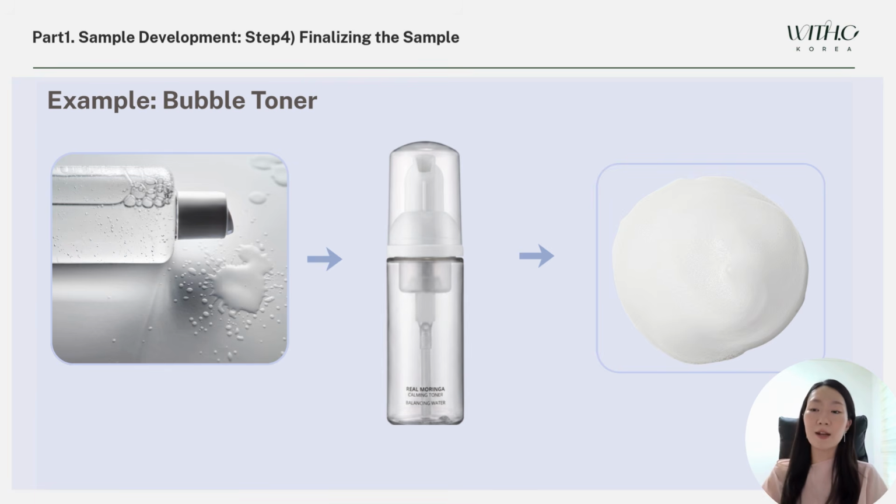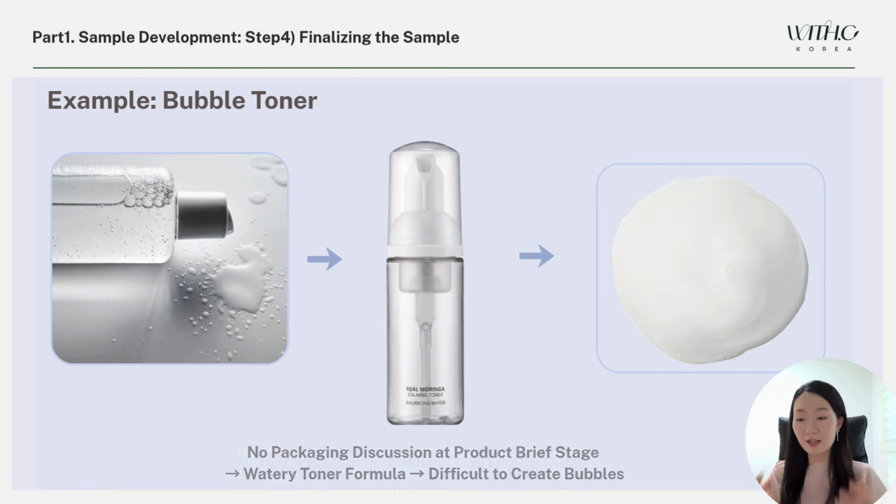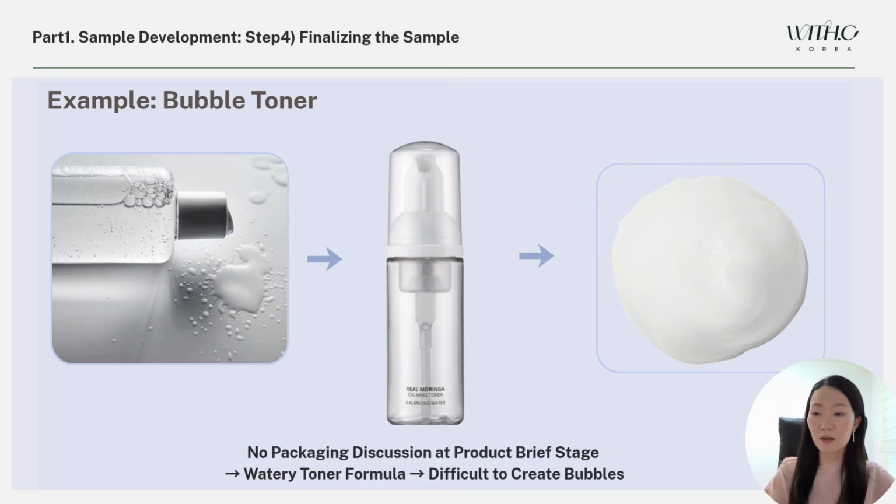A toner can range from a very watery lightweight liquid to a slightly more viscous essence-like texture. But to create rich, dense, and stable foam, the formula usually needs a little more body than a typical watery toner. If the packaging isn't discussed during the product brief stage, you may naturally focus on developing a standard watery toner.